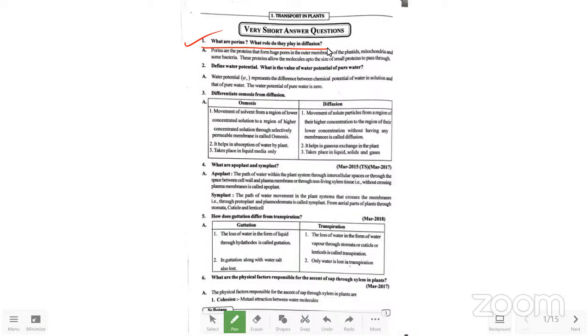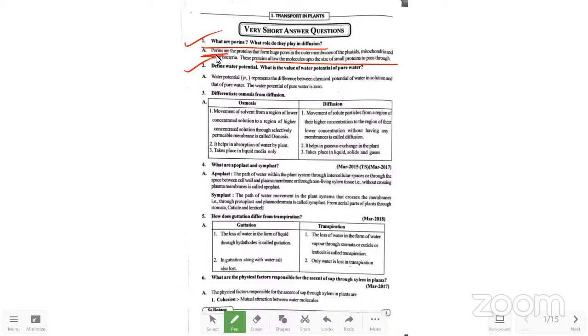These porins allow the molecules of different sizes to move from one place to another. They help in diffusion, that is, movement of molecules of different sizes from one place to another. Okay.